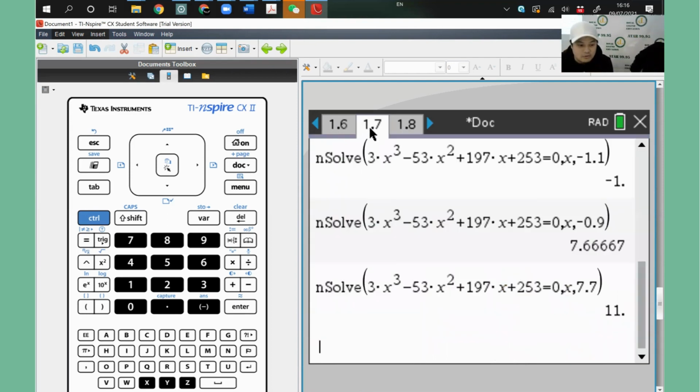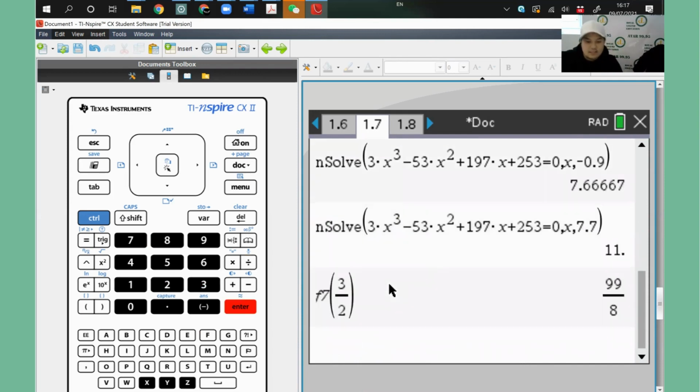So I can go to here and just type F7. Mine is F7, you check. 3 divided by 2, and enter. I got this. Okay, so don't retype what you want.